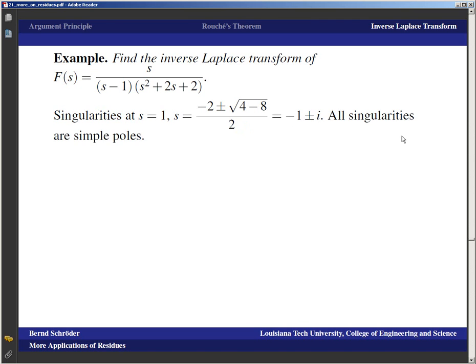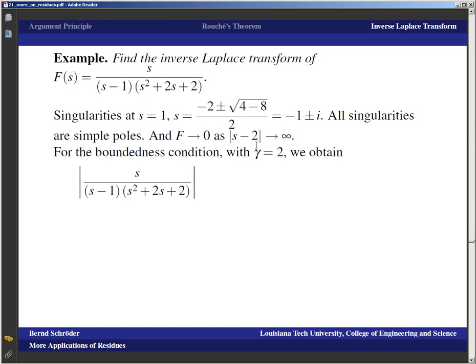And all singularities are simple poles. And we also know that F will go to 0 as s minus 2 goes to infinity. So we're going to use 2 as our center point there. And so for the boundedness condition with gamma equals 2, we can obtain the following.